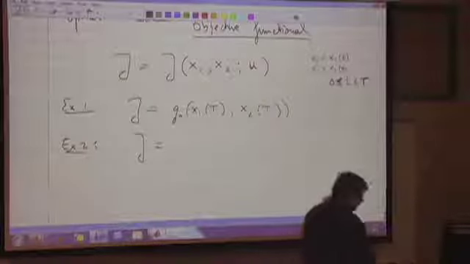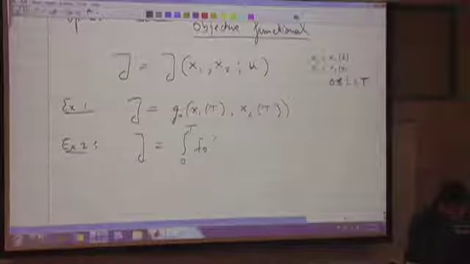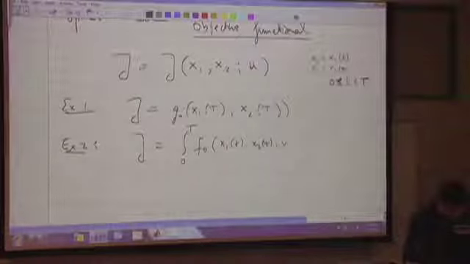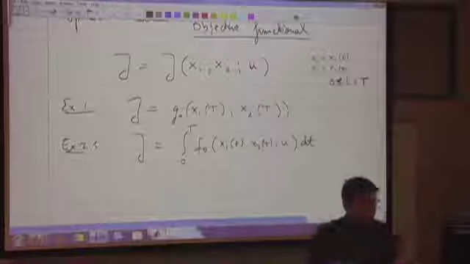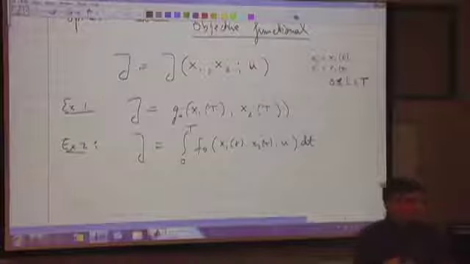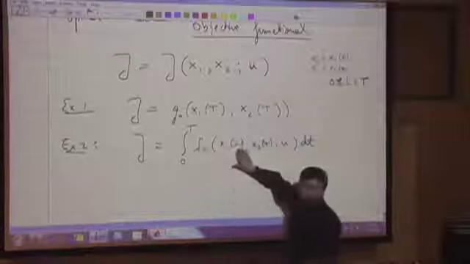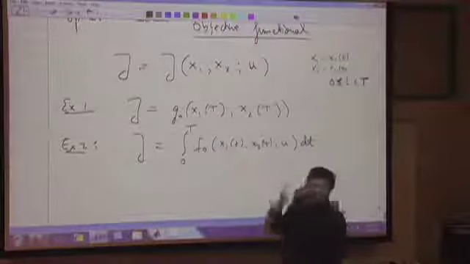Whereas in the example of harvesting with profit, and along the way I'm introducing some of the notation, it was basically an integral where the integrand was x of t and u of t.